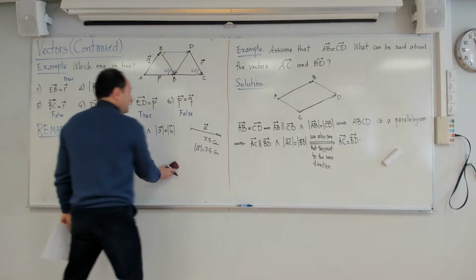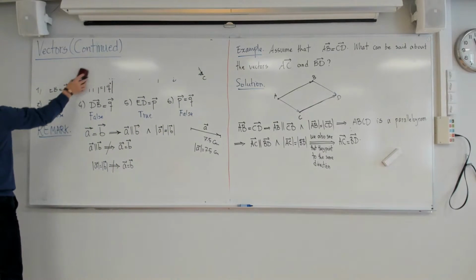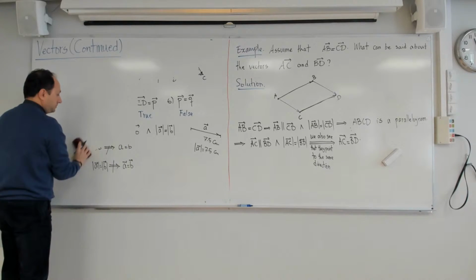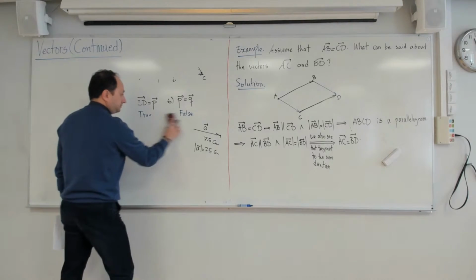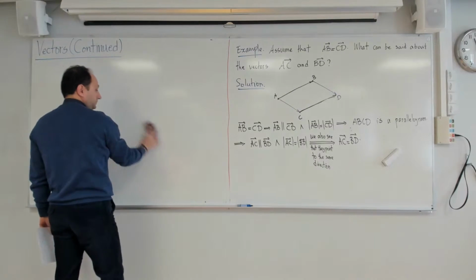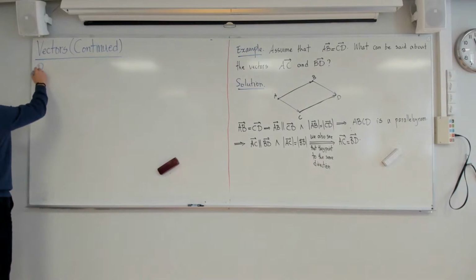Now let me just teach you something new, which is a very simple one. We want to talk about the opposite or the negative of a vector. So I start with the definition here.